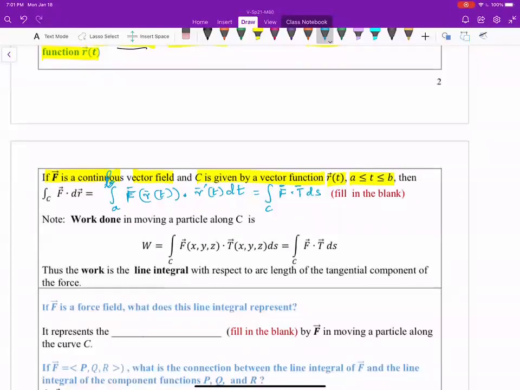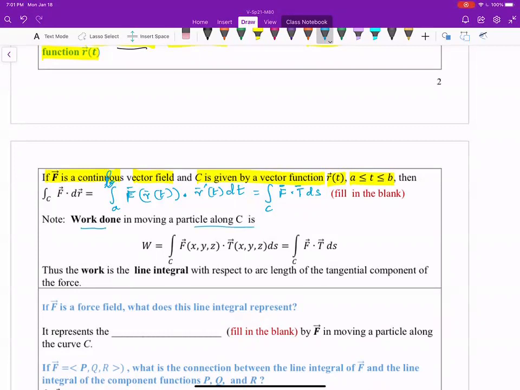You know that T can be written as r prime t over the length of r prime t. So we can write this part, r prime t dt, as T ds, which is nothing but the tangential component of F.